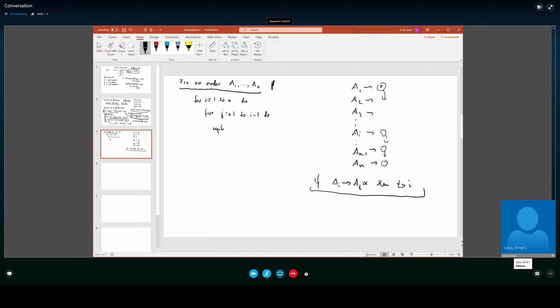That's, of course, a taboo production, because j goes from 1 to i minus 1, so j in particular is smaller than i.